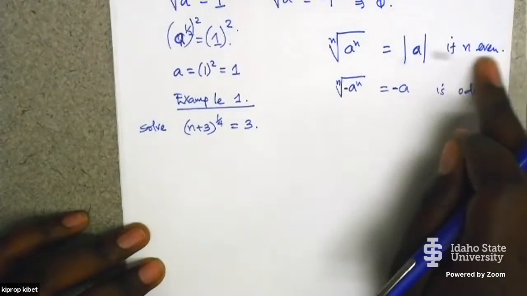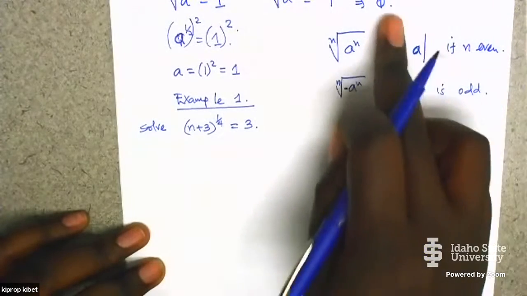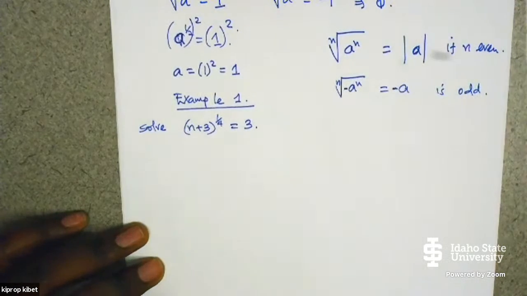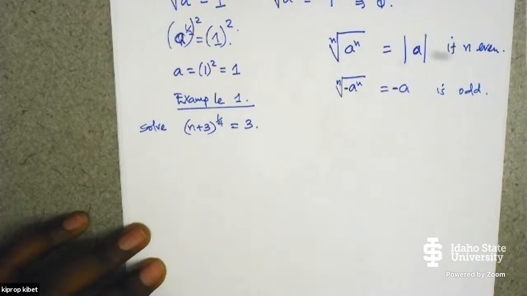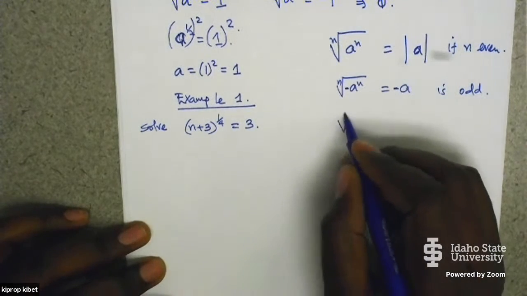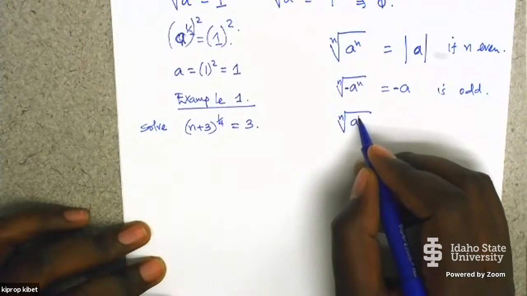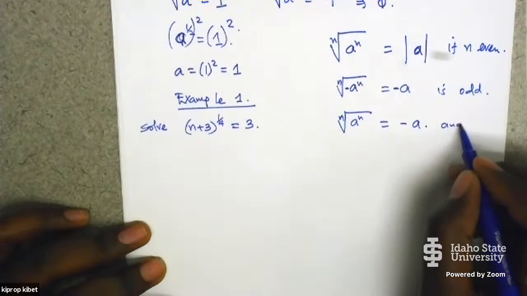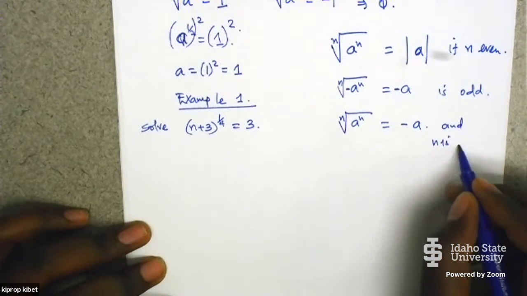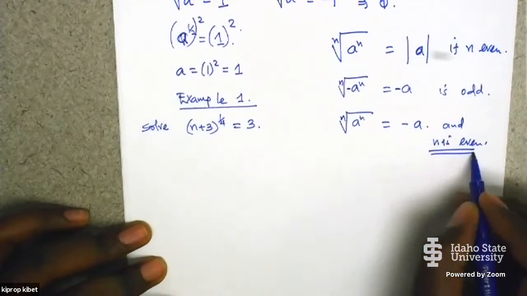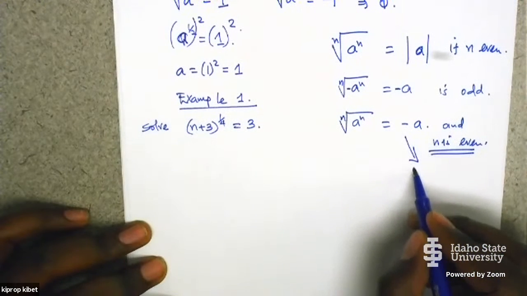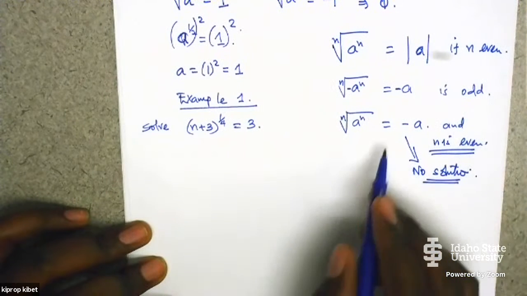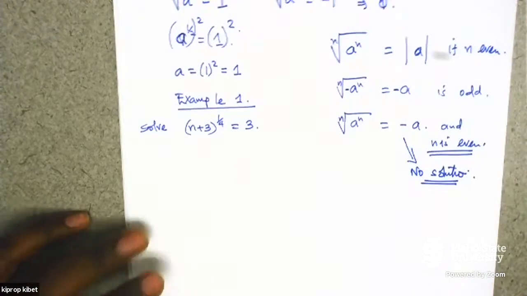But if it is even, then what you need to do is take the absolute value, and the absolute value is the positive of that. Now, if the nth root of A raised to n is equal to negative A and n is even, then there is no solution.